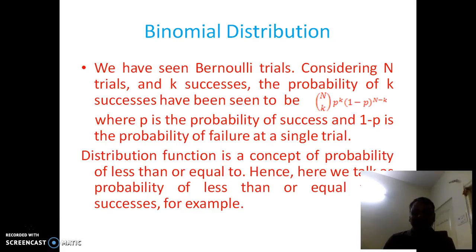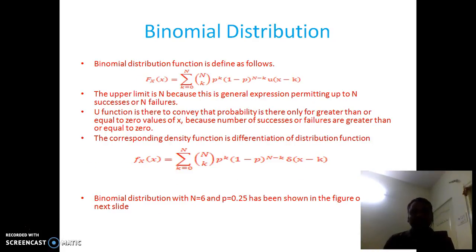Distribution function is a concept of probability of less than or equal to. Hence, here we talk as probability of less than or equal to k successes, for example. Binomial distribution function is defined as follows.